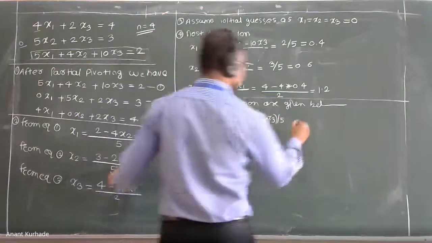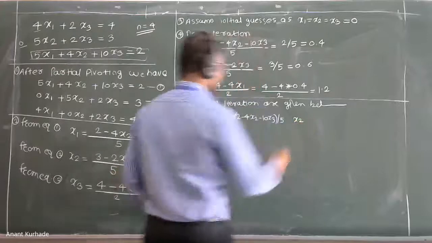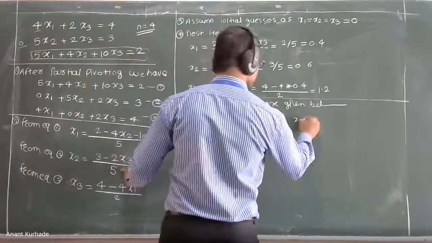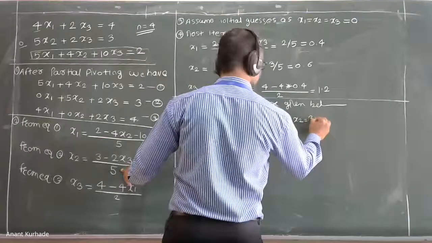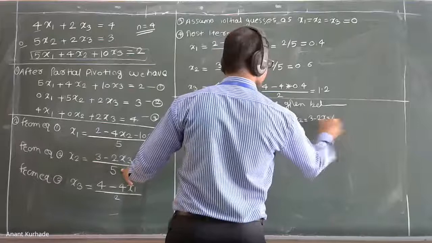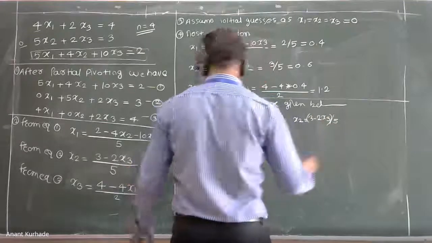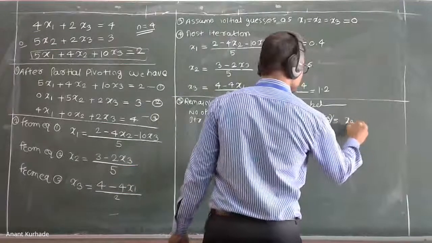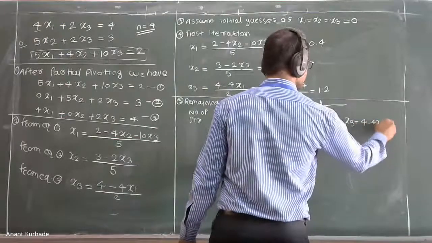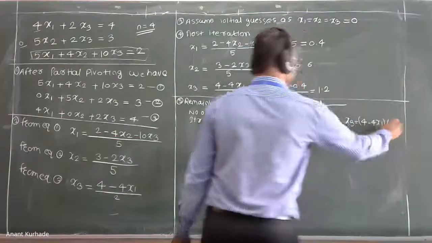Next, x2 is equal to 3 minus 2x3 divided by 5. Last one, x3 is equal to 4 minus 4x1 divided by 2.